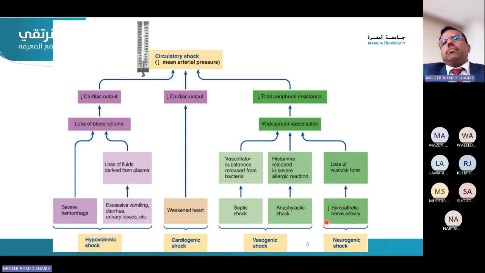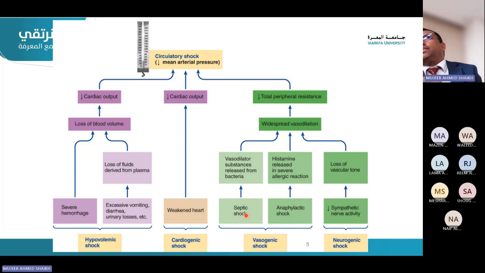Similarly, another type, which we call the vascular type. Here, the vasogenic shock. Vaso means blood vessels. Genic means it starts from the vessel. What type? Septic. Septic means any type of infection.